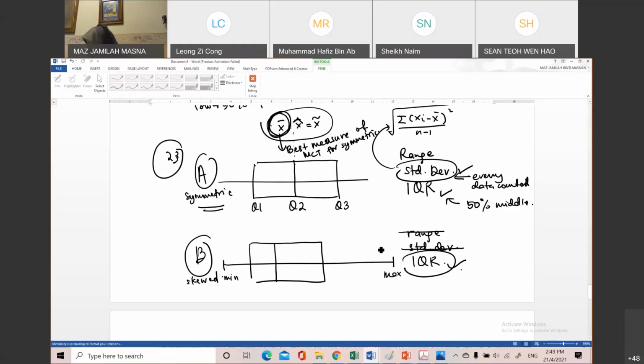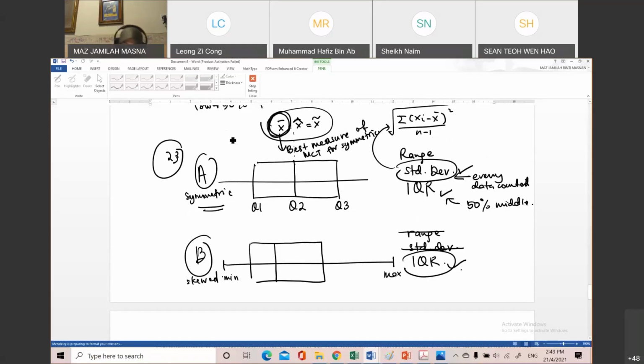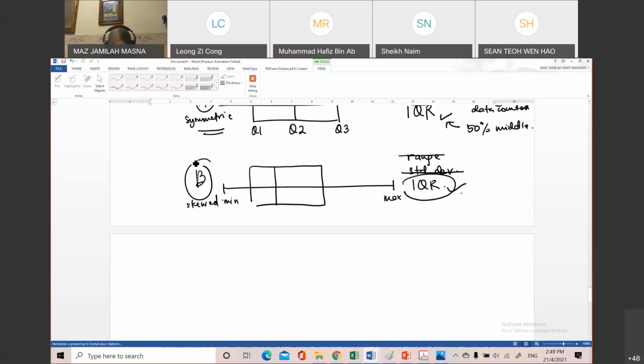Okay, now question number 24 is a repetition of what I have discussed just now. Is the mean or median a better measure of central tendency for a data set with outliers? In this case, I would like to give you an ordered data.